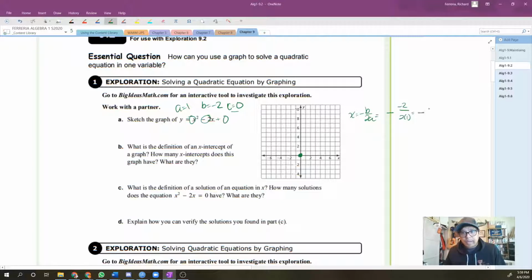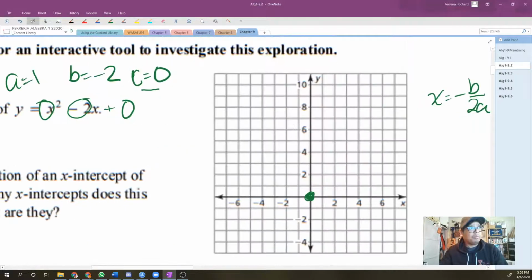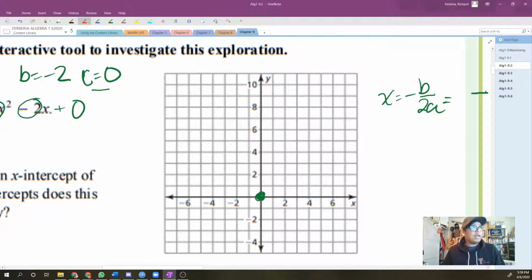So this is the negative of -2 over 2. -2 over 2 is -1, so the opposite of -1 is 1. Zooming in here now, we can draw a vertical line at x equals 1. All right, so there's my line of symmetry.